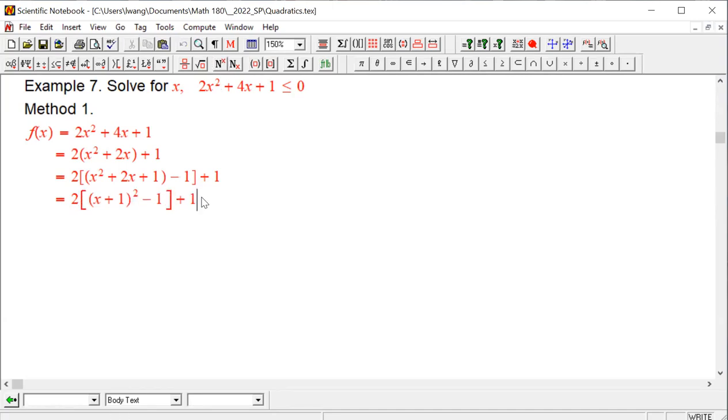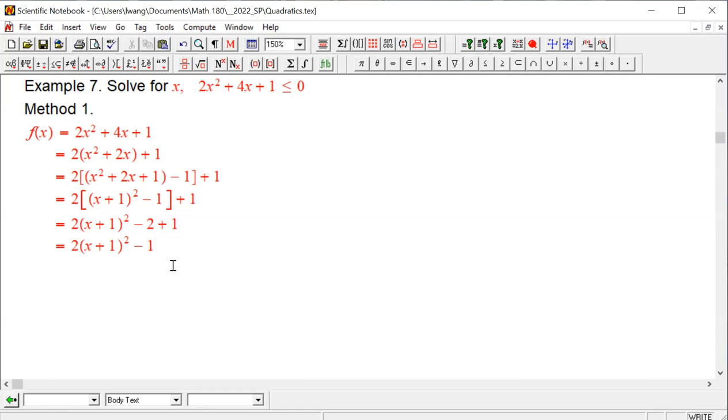Then I'm going to distribute the 2 to x plus 1 squared, without foiling it. I take the 2 times -1, so I get a -2, and I have a plus 1 waiting for us. So in the end, we get a perfect square part, and we subtract 1.